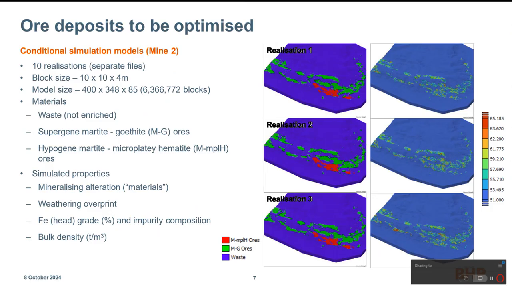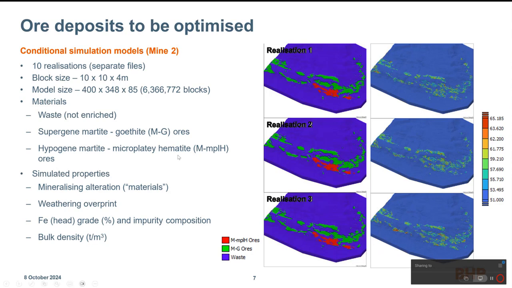So just some details around the ore deposit models that were used as input into the simultaneous optimization. There are 2 mines, and each of the mines has 10 realizations. It's a rather small block size of about 10 by 10 by 4 for very large volumes, so each mine has over 6 million blocks.